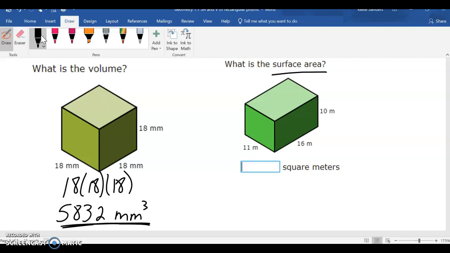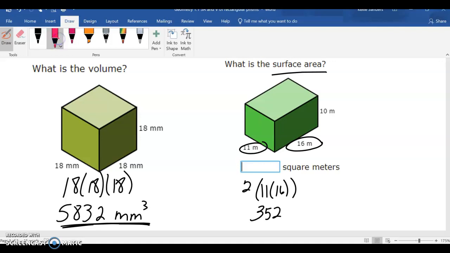Surface area. So we're going to do 11 times 16, and then there are 2 of them. So 11 times 16 times 2, 352. Then we have 16 times 10, and we have 2 of those.